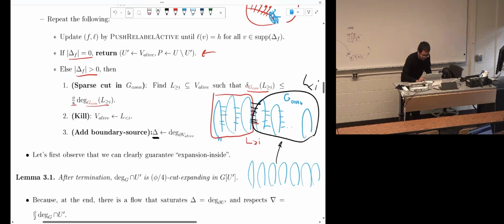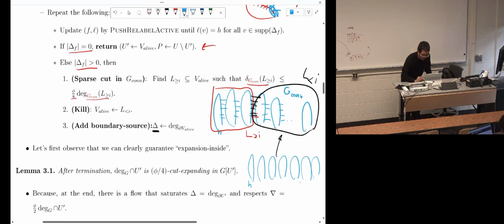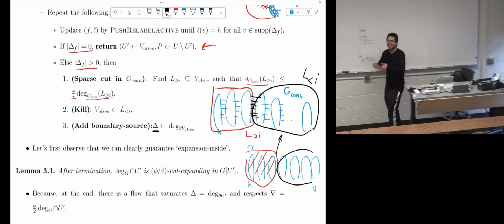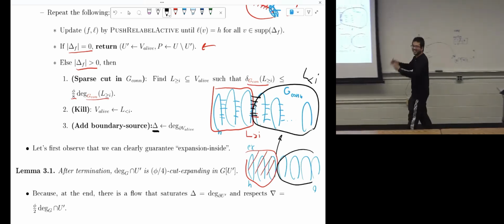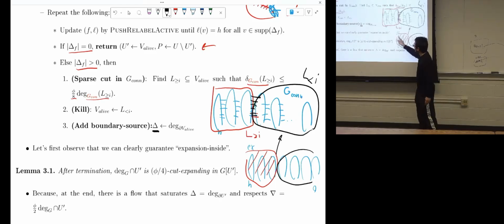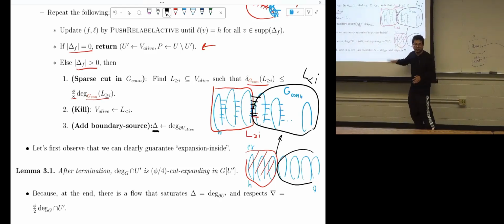And now maybe some guy reaches level H and there's still some excess. I just need to find a new sparse cut, kill, and then continue. It just keeps continuing until at some point there's no excess left. That's when you return.